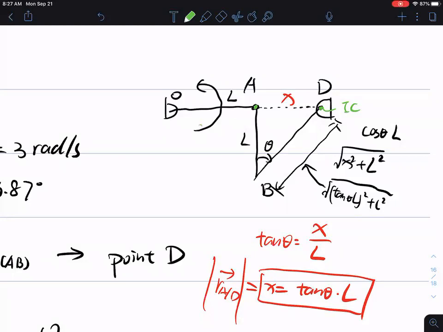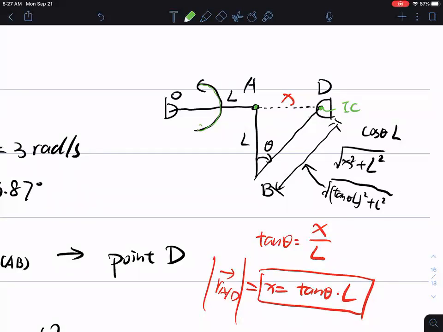And if our OA is moving that way, which is counterclockwise, how is AB moving? Is AB moving counterclockwise or clockwise? Raise your hand if you think it's clockwise. Raise your hand if you think it's counterclockwise. What's the direction for AB?